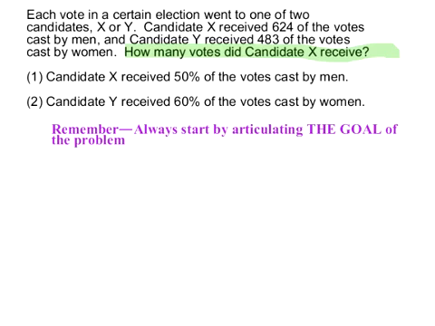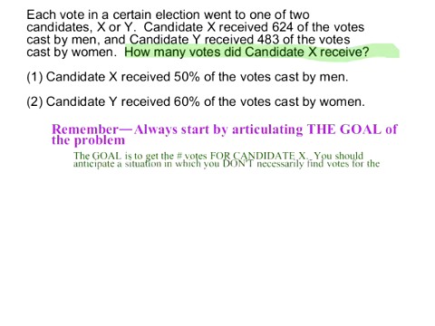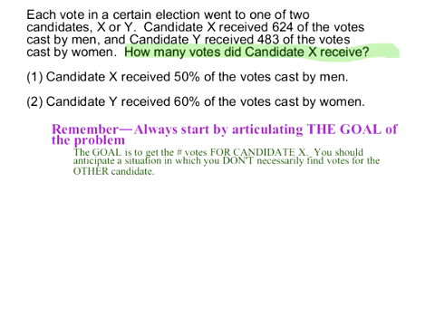So you should anticipate a situation in which you don't necessarily find votes for the other candidate. This is the whole point of data sufficiency: to understand focus and not focus. You need to be looking for a focused answer. In other words, you should anticipate that you will find what you want and not necessarily find what you don't want.